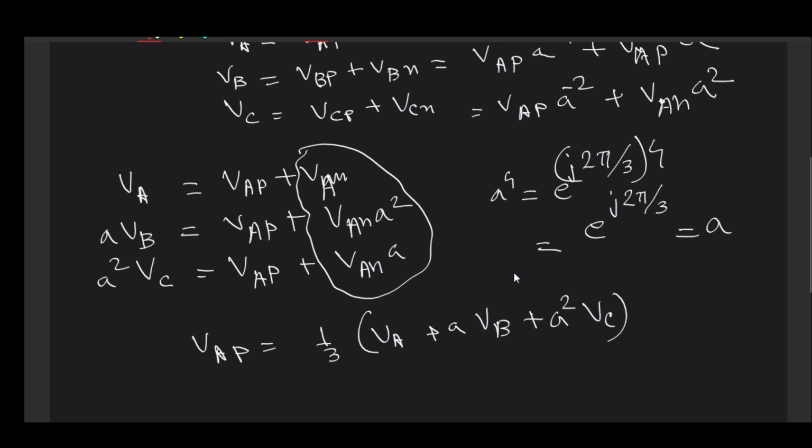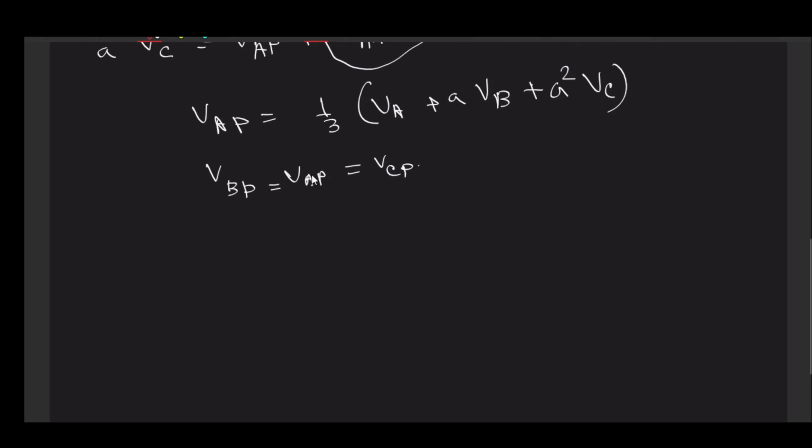Accordingly, if you try to find out the others, like VBP, magnitude wise VAP is equal to VBP is equal to VCP. We can prove this also just by considering the proper shift operation.